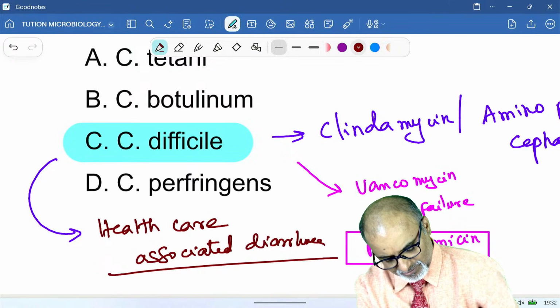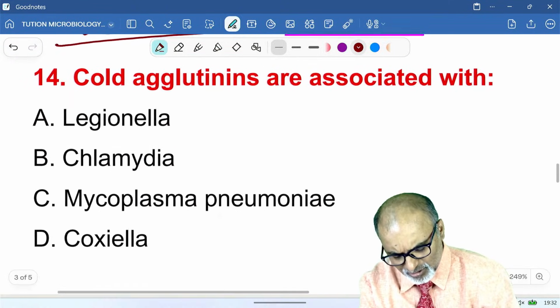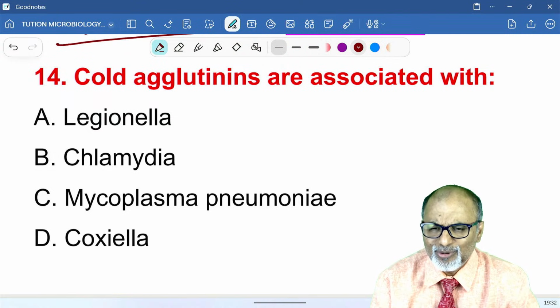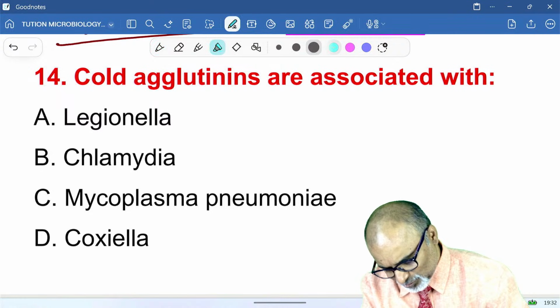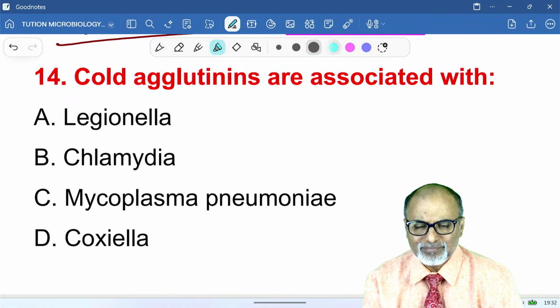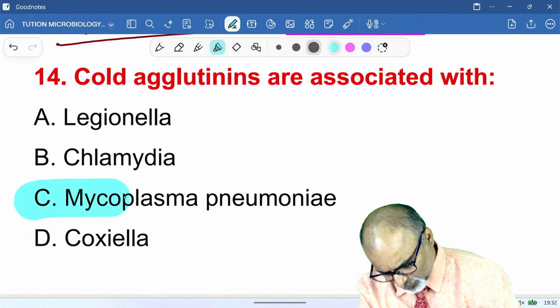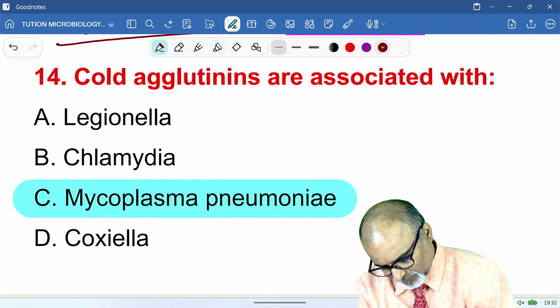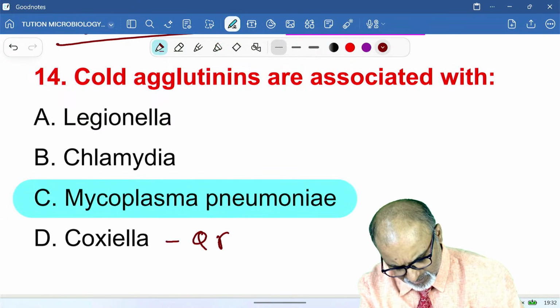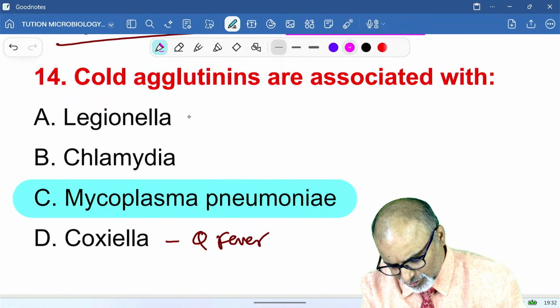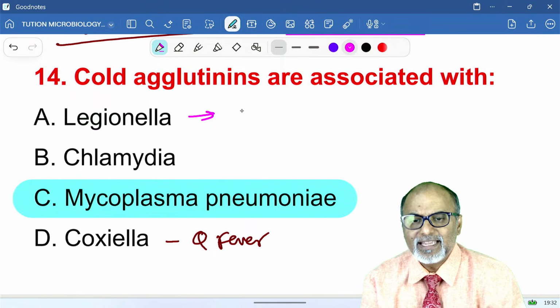Next is cold agglutinin. That's a clue. Cold agglutinin test, associated with IgM cold antibody, cold agglutinin, seen in Mycoplasma pneumoniae. Coxiella causes Q fever. Legionella causes atypical pneumonia.